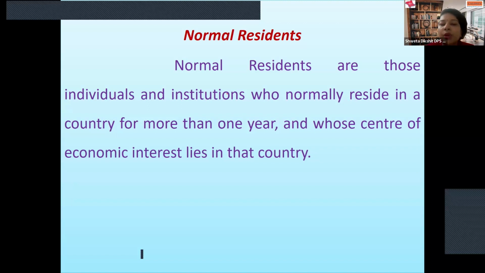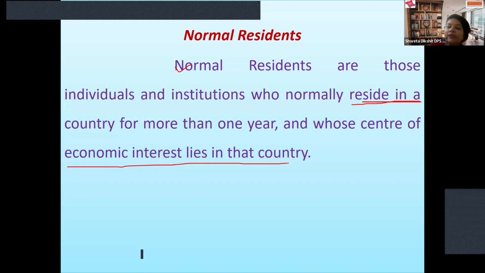But here we are not talking politically, we are actually talking about the financial or economic prospect. So it's better to say that normal residents are those individuals or those people who reside in the country for more than 1 year and their economic interest also lies in that particular country. These two keywords are compulsory to be written.